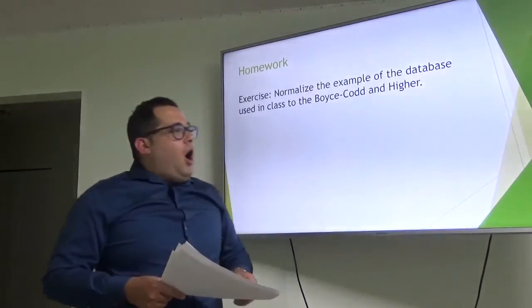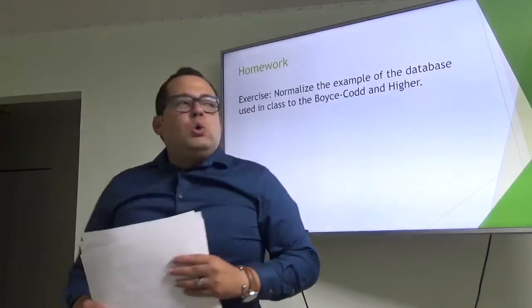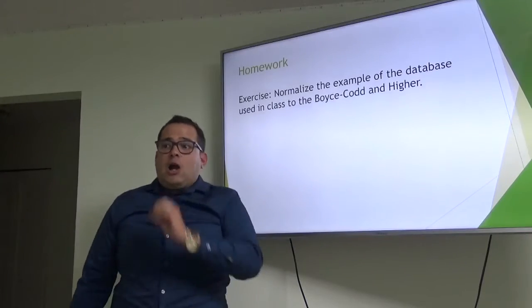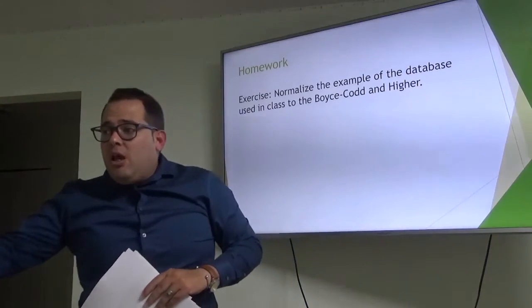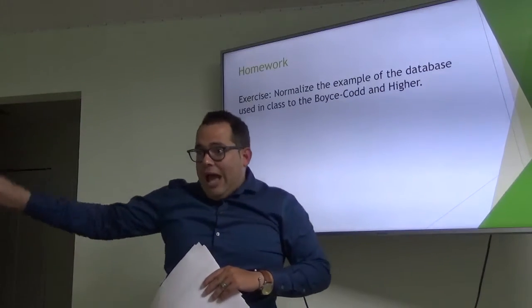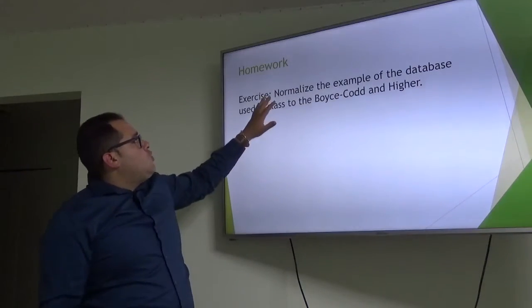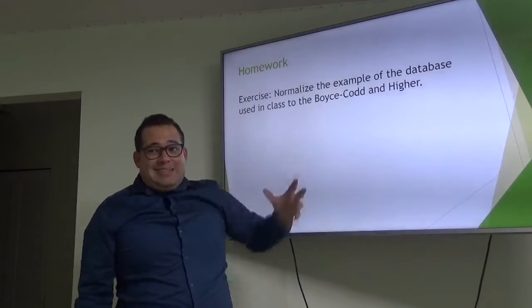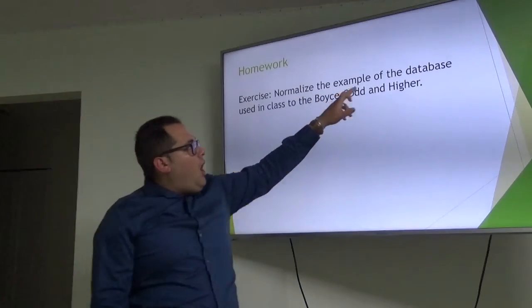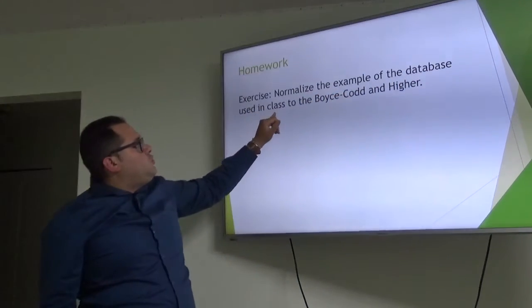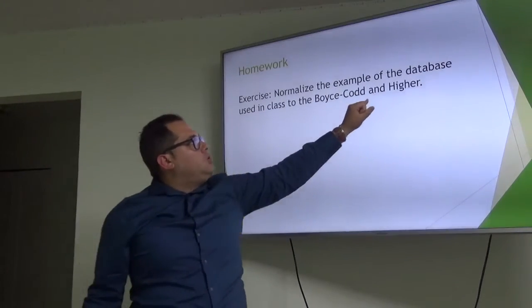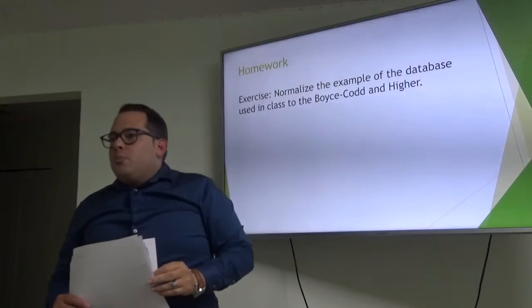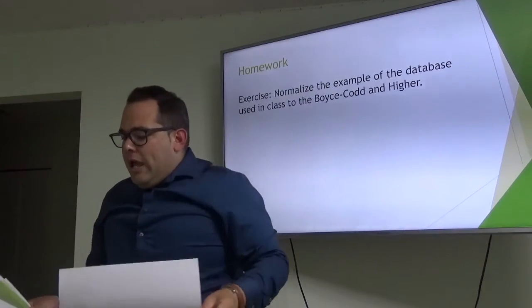Next, please. In your homework, according to the lecture, you are going to work as independent tasks, okay? You are going to normalize the example of this class of the databases, using this class, to the Boyce-Codd normal form and higher normal forms, okay?